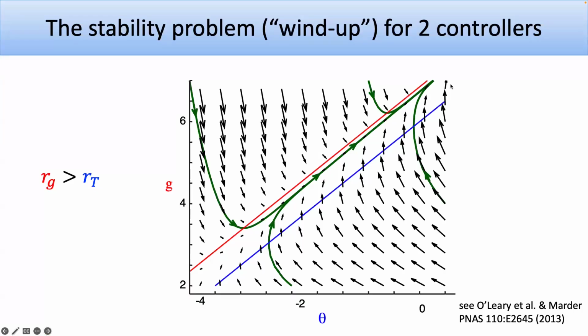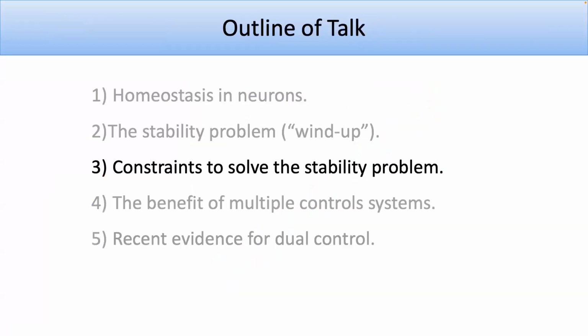And then you really don't have homeostasis, because you might as well just send all the channels to their maximum. Okay, so this was a reason to think, well, why would you have two controllers? It's just causing problems. But you can solve this kind of stability problem.